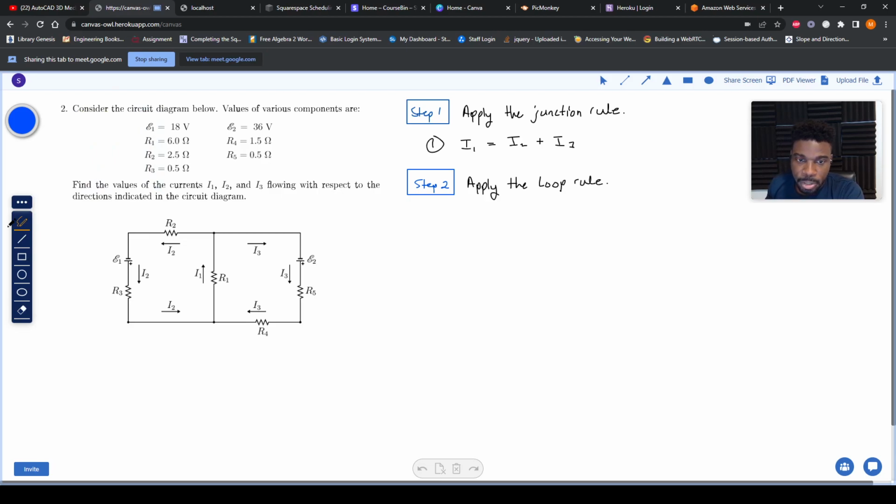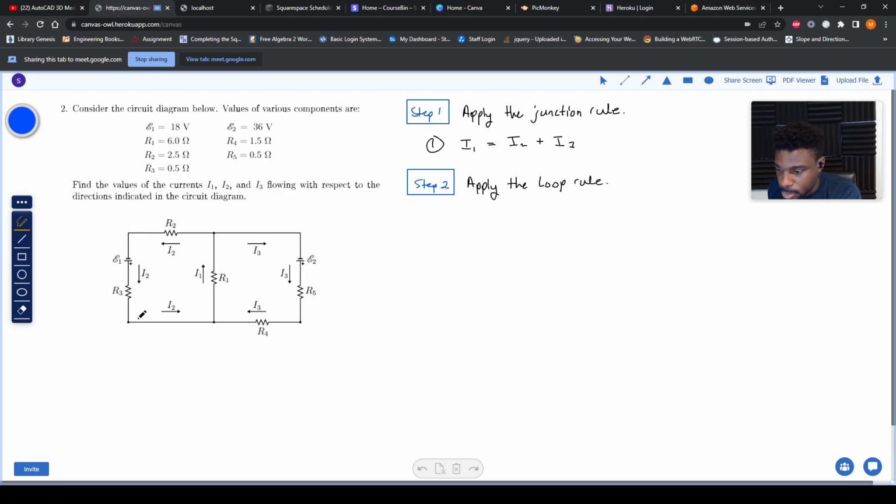Exactly. You can choose any point in the loop, well, first you have to choose a loop, because this circuit is made up of multiple loops. Also, the overall circuit is a loop. But let's say we're going to start with this loop over here. We'll call this loop 1. If we start at any point in that loop, we're going to be starting at a certain potential or a certain voltage.